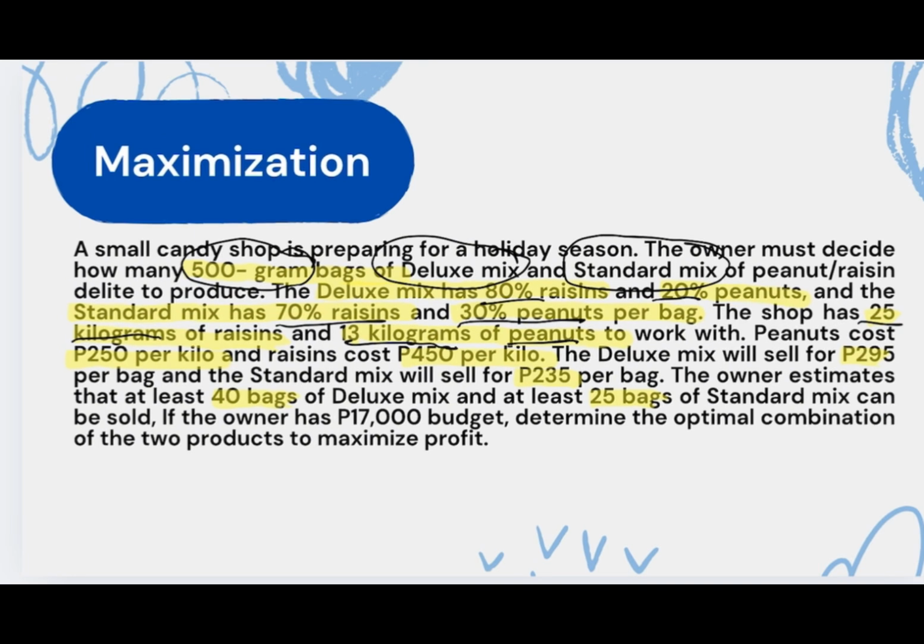As I said, that's in kilograms, so we have to convert kilograms to grams, especially since the bags are 500 grams. We'll do that by converting 25 kilograms and 13 kilograms to grams.